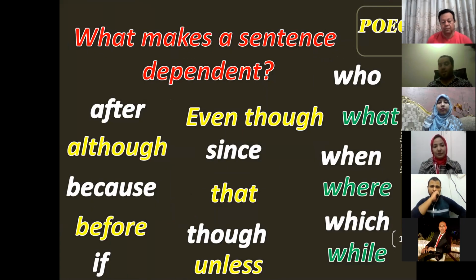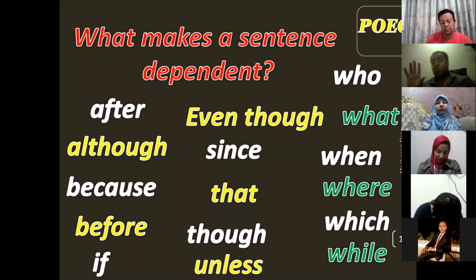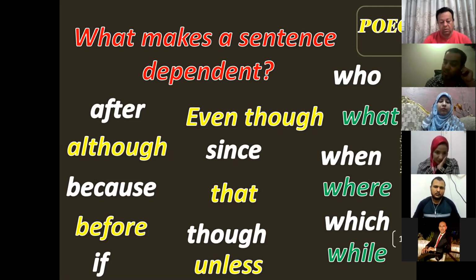Here are some of the subordinators, or some of the words that we can use. And once you see them, you know that this is not a complete sentence. It's just a fragment. It's just a subordinate clause. It's a dependent one. And please, I would like you to choose one of them and put it in a phrase. Make just one dependent clause, please, and send it in the chat using one of these subordinators.